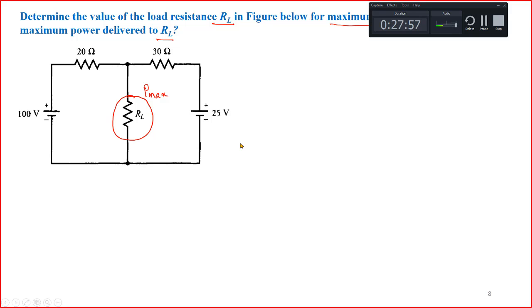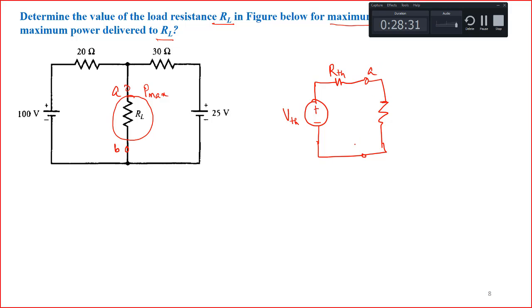So how you did this is just using the Thevenin theorem. We can find the Thevenin equivalent. We just remove this RL and find the Thevenin equivalent across A and B. If we reduce this network to the Thevenin equivalent, we'll find VTH, RTH, and here is your RL.